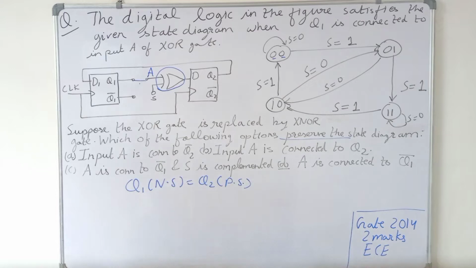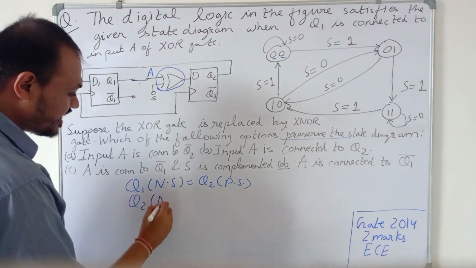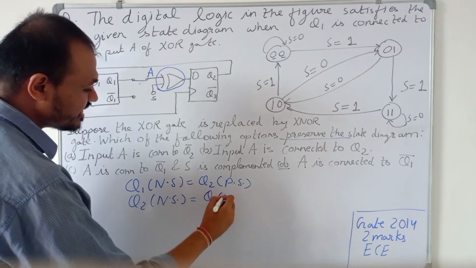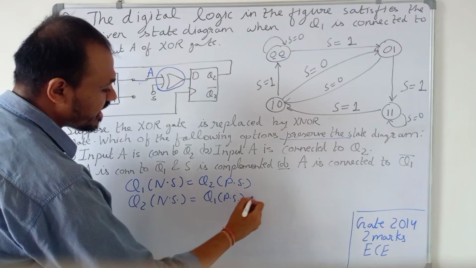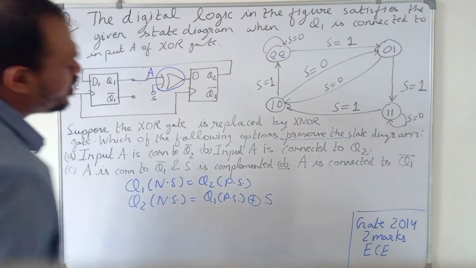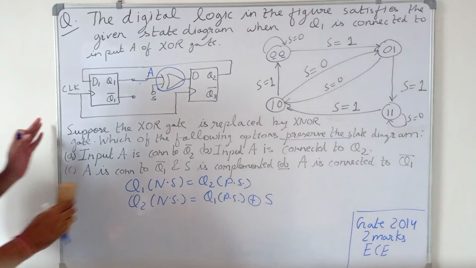The next state of Q2 is equal to the Q1 present state XOR with S, because Q1 is directly connected to A. So you can verify this state diagram by using these two equations.